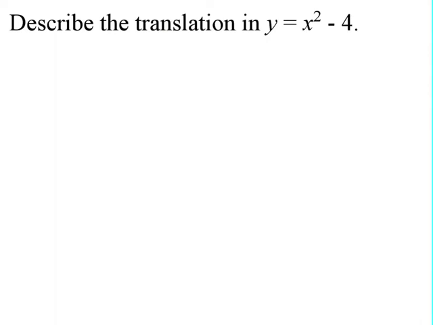Okay, describe the translation in y equals x squared minus 4. How you're going to enter this in, guys, is y equals x caret 2. The caret is located by the number 6, right above the number 6.